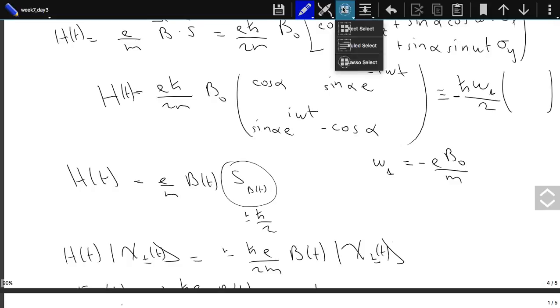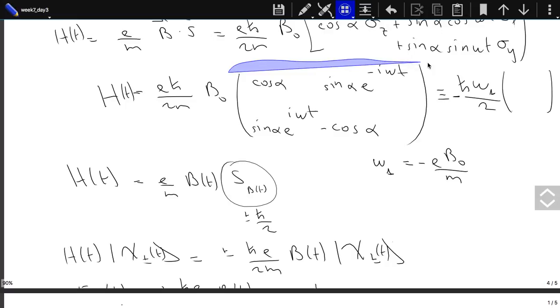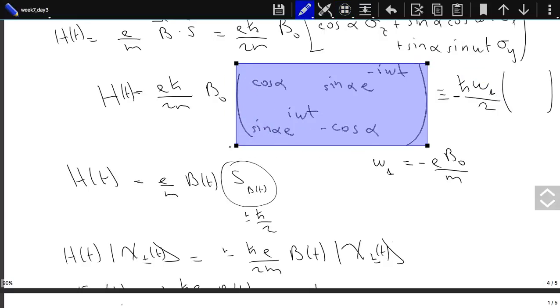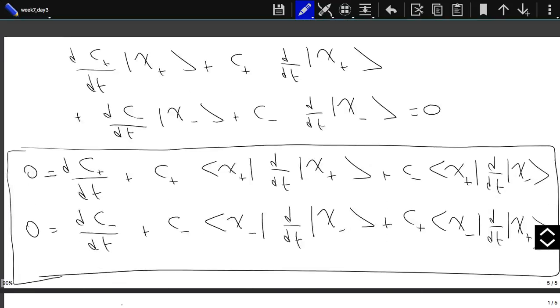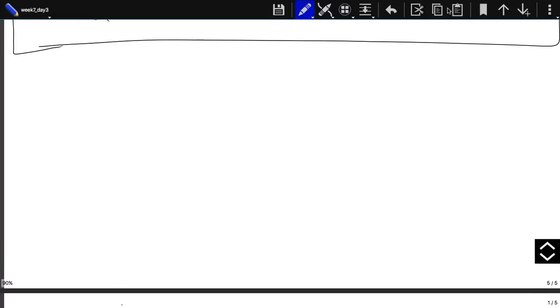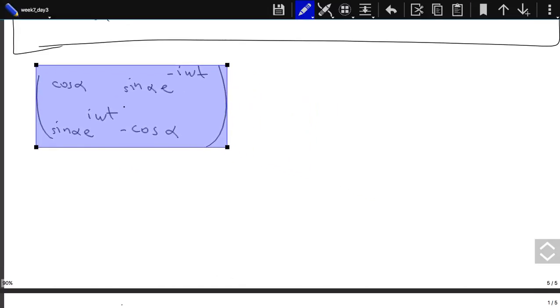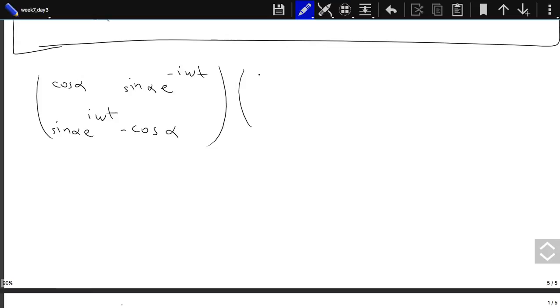So basically we need in fact the eigenstates of this Hamiltonian. This one multiplied with chi plus or minus, or A or B, should be equal to plus or minus.